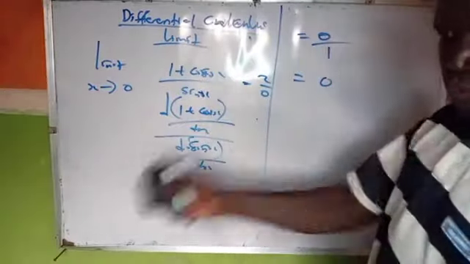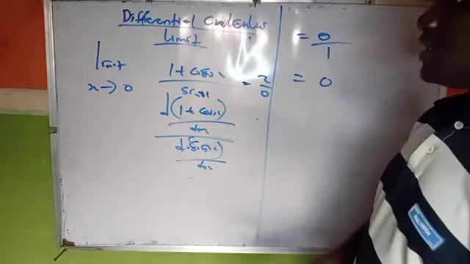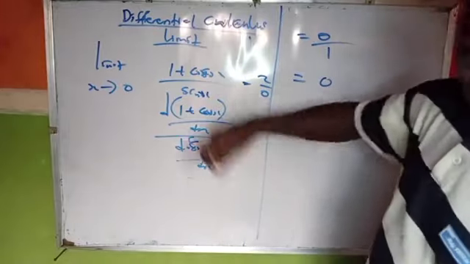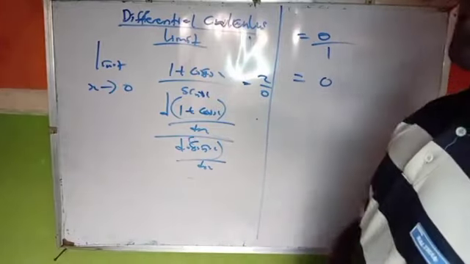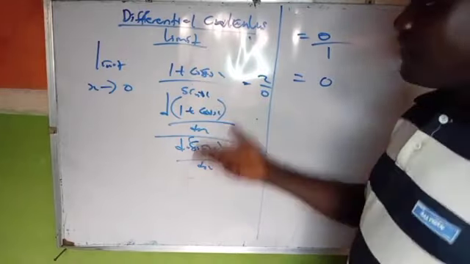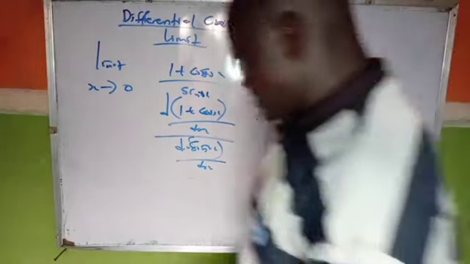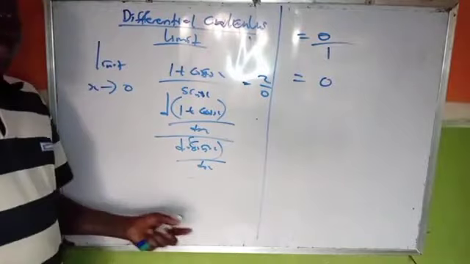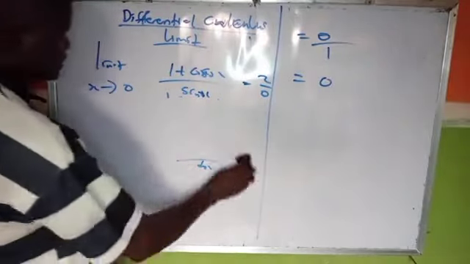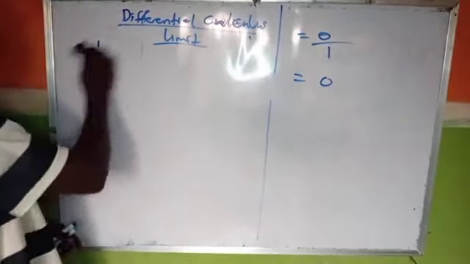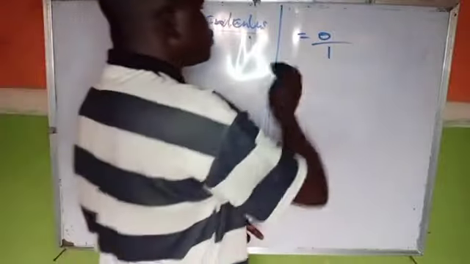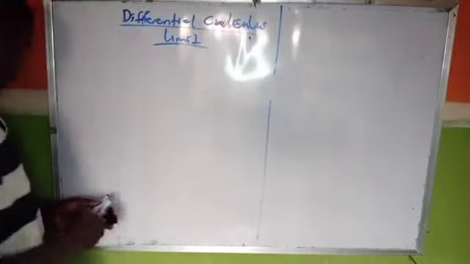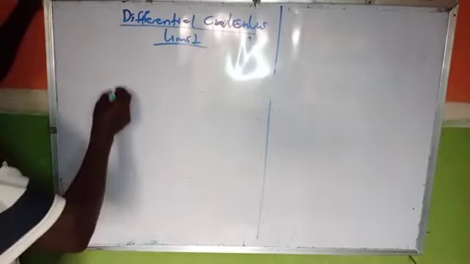Like this one, when you use rationalization, it did not give us the answer. It still led to indeterminate, so you come and use L'Hopital's rule, since we can't factorize anything here. So you can use the rationalization method for some other one. Let's say you have something like this.